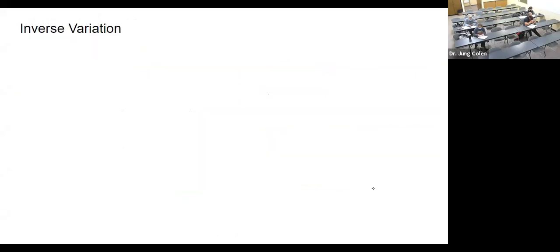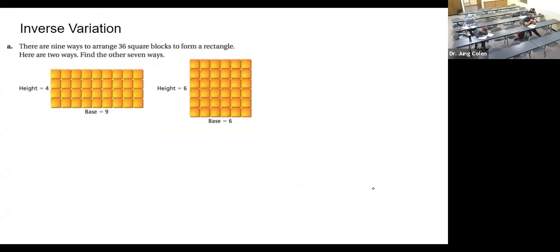Okay. Now let's do some inverse variation. To do inverse variation, I'm going to give you a different sheet of paper. Okay, so you are given 2 rectangles there.